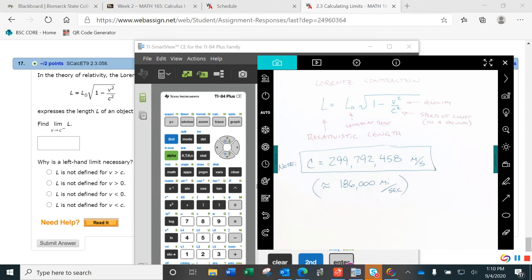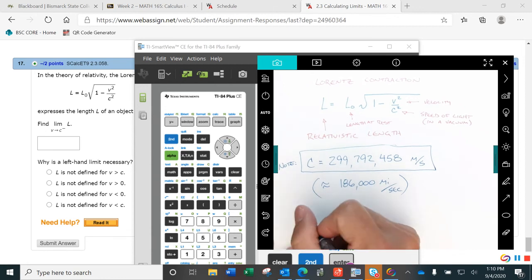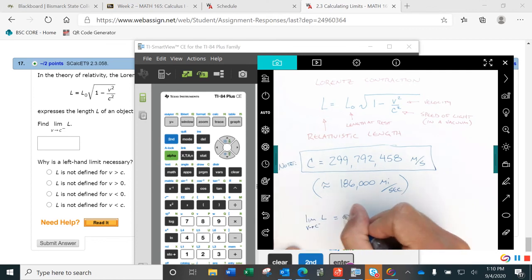And that's our answer for the limit. The limit of this length as v approaches c from the left is equal to 0. There's your answer. It shrinks to 0.